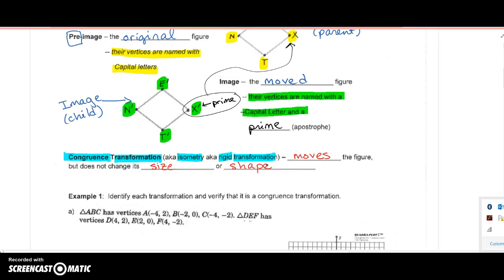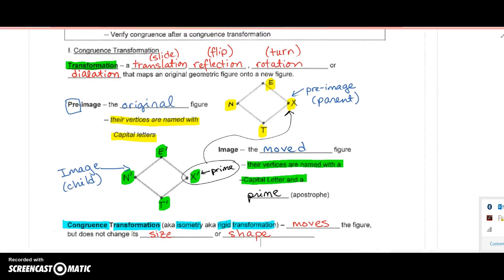The ones that do not change the size or shape are the translation, the reflection, and the rotation. The one that does change the size, specifically the size, not really the shape, is the dilation. And we'll talk about that in a later chapter. That one's called a similarity transformation instead of a congruence transformation.